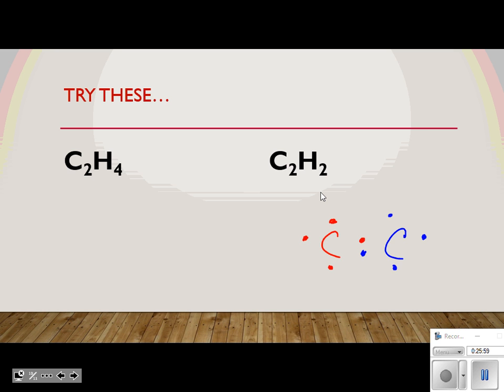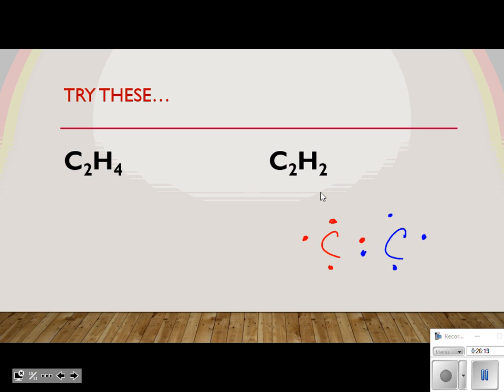I'm going to chain together my two carbons, and I have two hydrogens. Where would you put the two hydrogens? What do you think? On the outsides? Yeah, I mean, they got to.